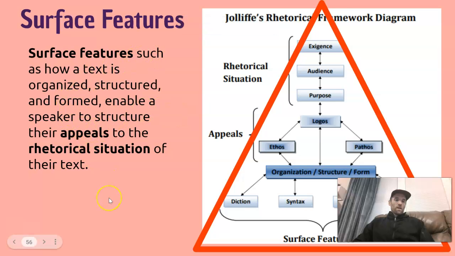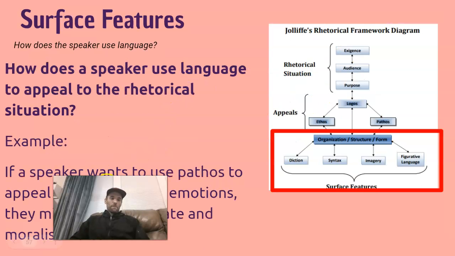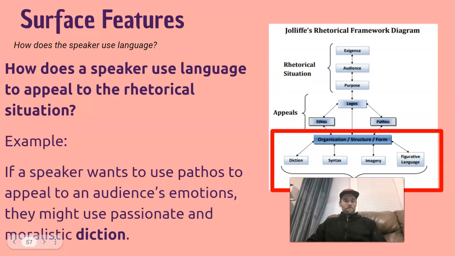So how a text is organized helps the appeals work, helps to address the rhetorical situation of any text. Hopefully you're seeing with the framework how all of this works together for effective rhetoric. So rhetoric that convinces people, persuades people, and does the job it's supposed to do.